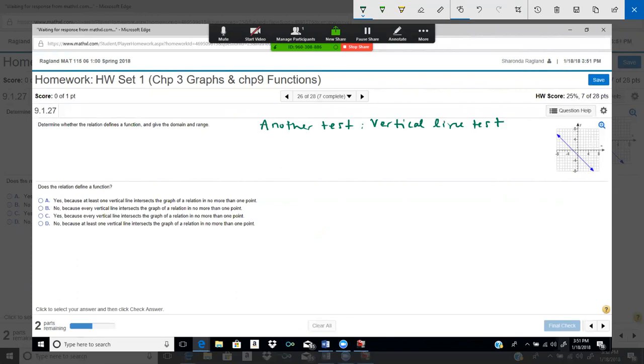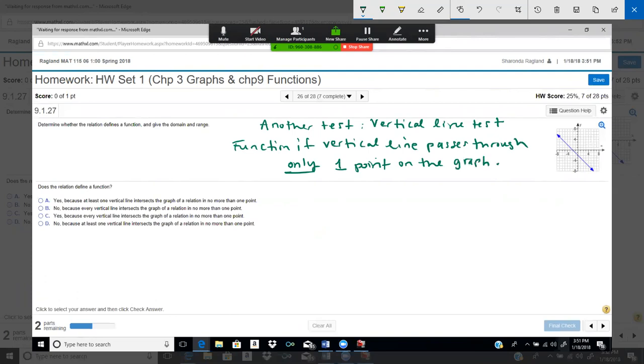A relation is a function if a vertical line passes through only one point on the graph.